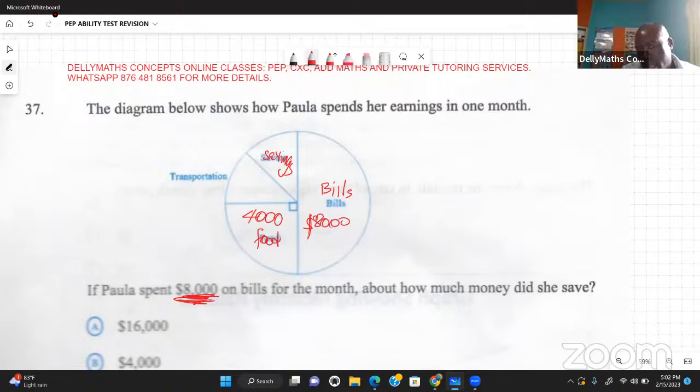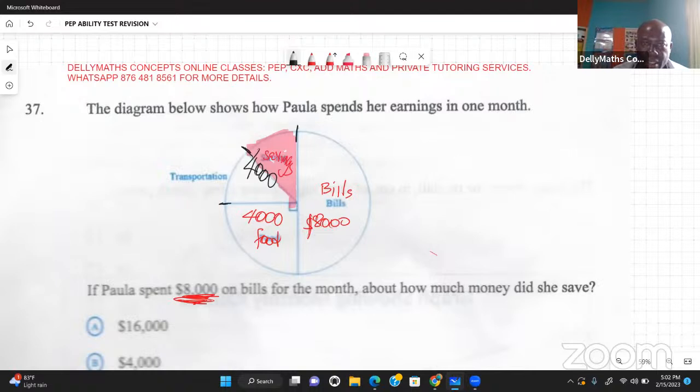All right, so the question is, how much money did she save? Talking about this part, let me color code this, talking about the savings right there. That's the savings. But when you're looking up, over here, the entire piece here was 4,000 to be shared equally. When you look at it, you could see that it's almost half of it.